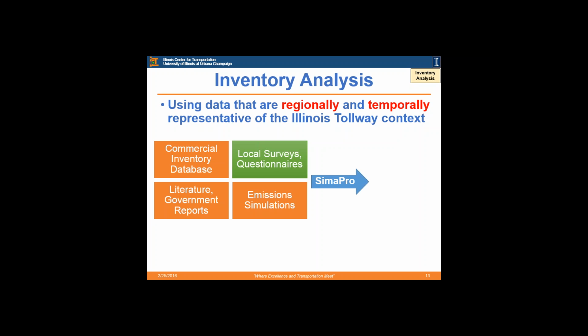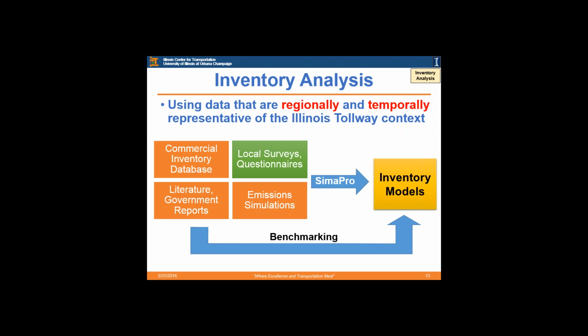So after we collected all of the inventory data, we used a commercial life cycle assessment software called SimaPro, and we were able to create models to trace the process of each of those stages that we looked at before. And then we also needed to validate our data and do benchmarking to literature sources and so on to make sure that our models were correct.